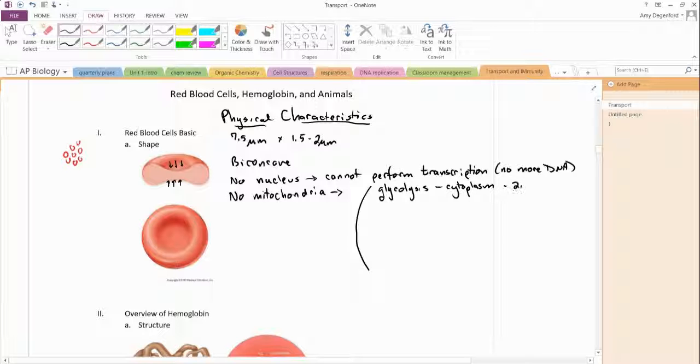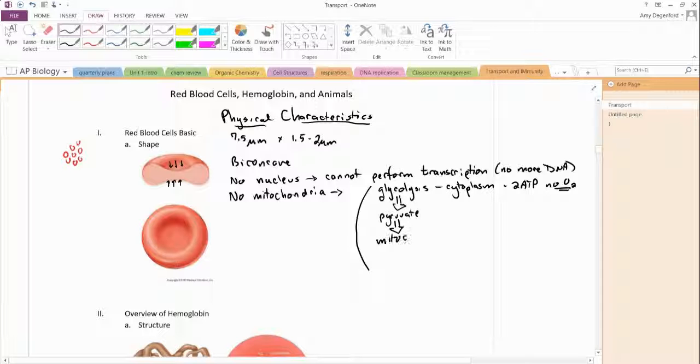And that only makes 2 ATP, and there is no oxygen needed for this. But then the glucose that is broken down into pyruvate, that pyruvate will then enter into the mitochondria.